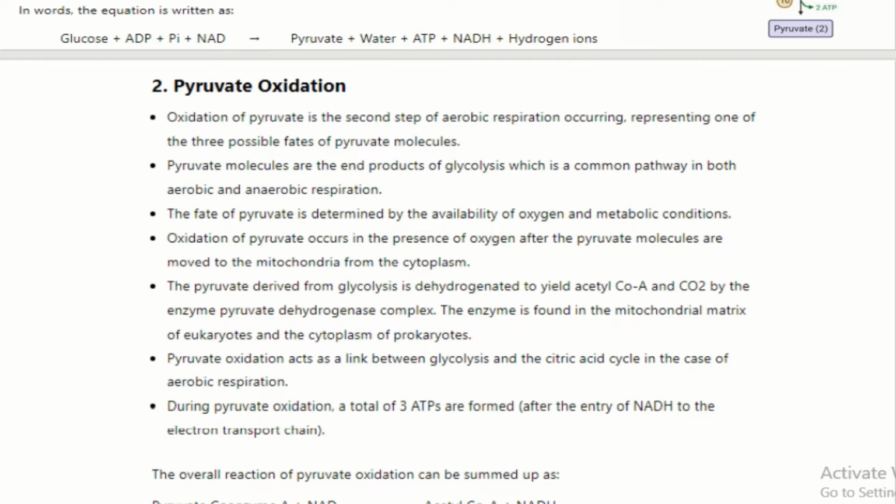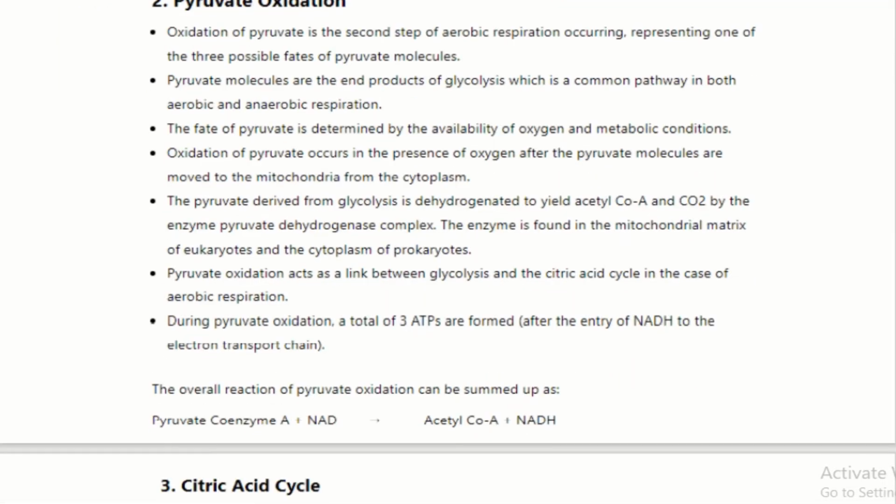During pyruvate oxidation, a total of 3 ATPs are formed after the entry of NADH to the electron transport chain. This reaction represents pyruvate oxidation, where pyruvate and coenzyme A will react with NAD to form acetyl coenzyme A and NADH.